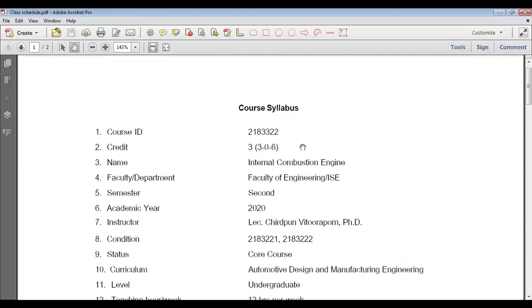This subject is no longer in that new curriculum, and that's the reason why I have to teach 2 classes in this semester for the ISE. This class will be replaced by the new one called Modern Propulsion Systems. So you are the last generation that will learn about these internal combustion engines, the wholly internal combustion engines.